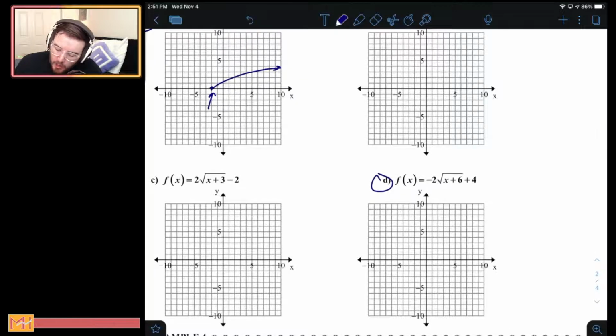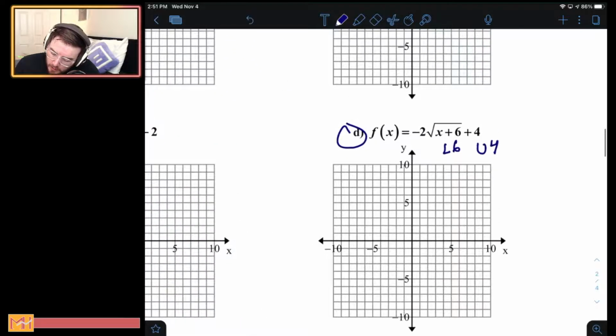Looking at this one, what do I got here? Left 6, up 4. So there's the starting point. These give you directions on where to start, and this gives you directions on how to grow. It's been flipped, so it's not going to open upwards because it's been reflected downwards, and it's not your simple hump.